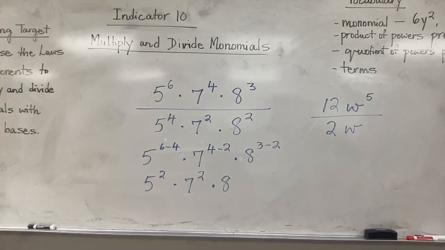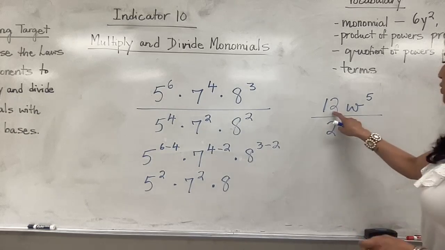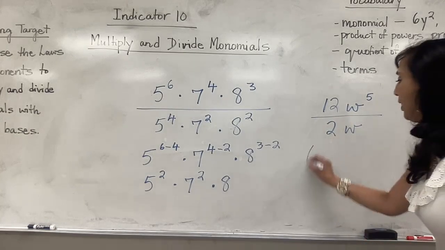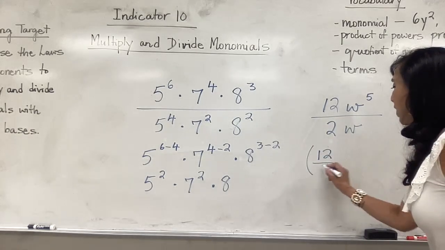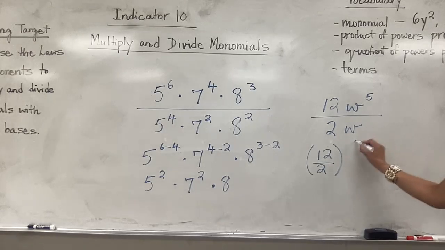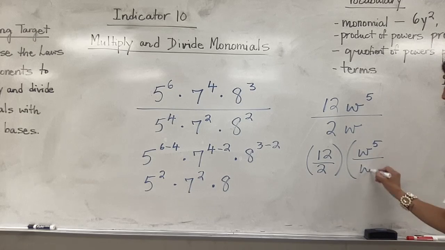We're going to look at the coefficients, and then we are going to look at the common bases. So I am going to just separate it out so that you can see the coefficient over here is 12. The coefficient over here is 2. So I can do this, 12 divided by 2, and then I can do the common base is w this way.